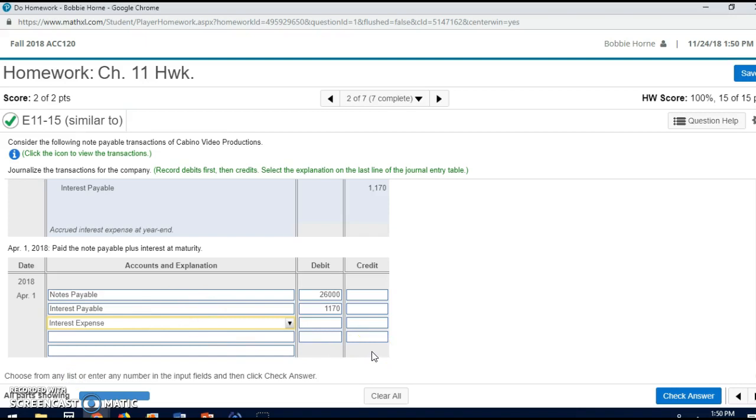So 3 divided by 12, which would be 0.25, times 0.06 times 26,000, which would be $390. And then we're going to credit cash for the total interest and the note, which would be $27,560.